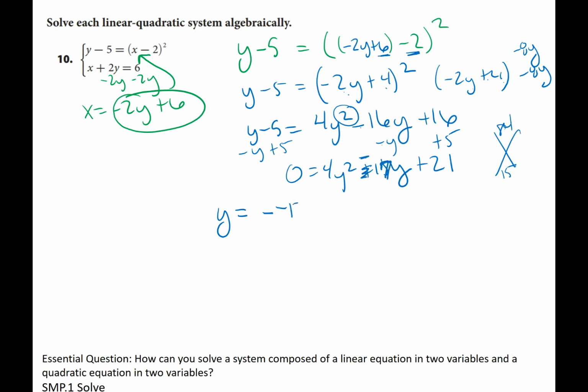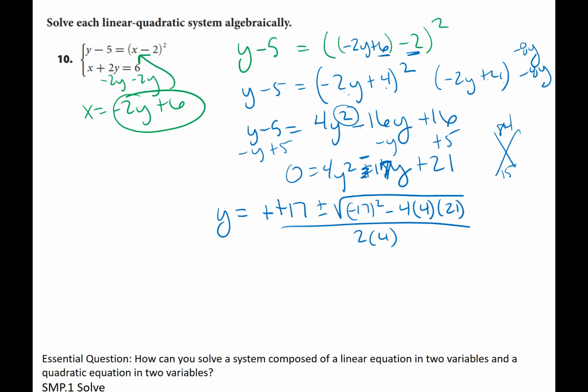So negative 17 plus or minus the square root of negative 17 squared minus 4 times the 4 for the a times the 21, all over 2 times the 4. Okay, the double negative is going to go positive. 17 squared, 17 times 17 is 289.